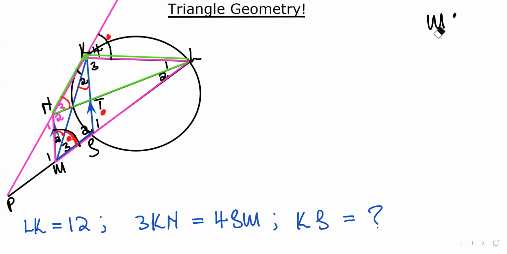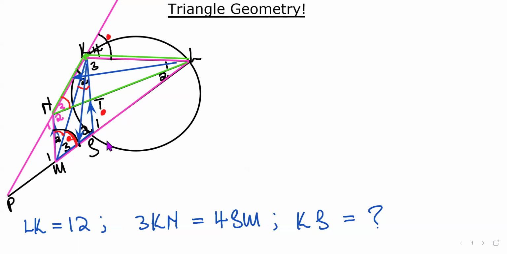So it means we just need to identify the sides that are in the same proportion, the corresponding sides, that is to say. So let's see, which one is going to be that? We go to the angles which are equal to each other, and we know that angle L1 is actually equal to angle K2.